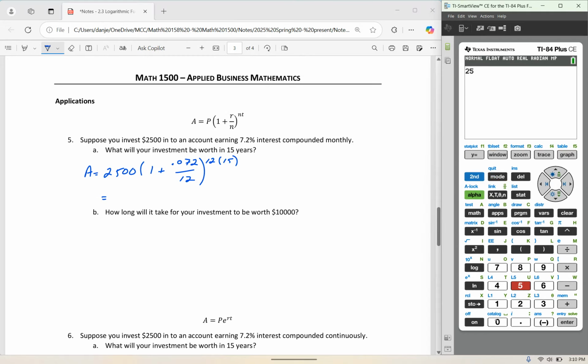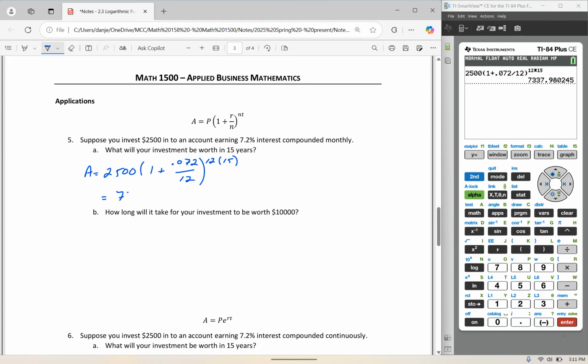That would be 2,500 times 1 plus 0.072 over 12 to the 12 times 15th power. And we got last time 7,373.98. What's my investment worth after 15 years, after 18 years, after 20 years, and so on?